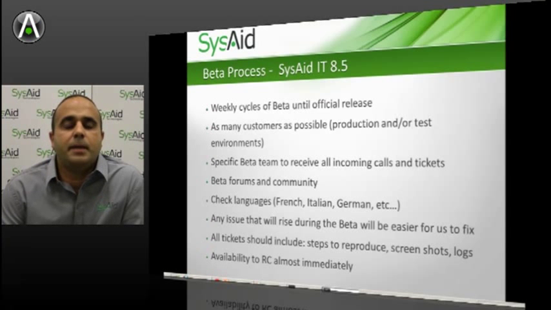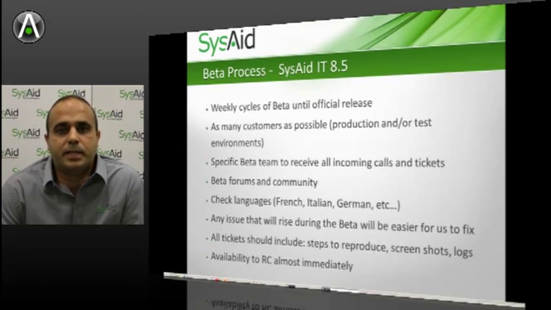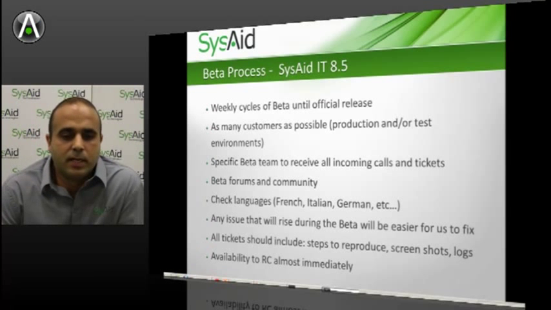For bugs coming after the official release, it's very hard for us to get minor releases and minor versions after the official one. So the beta is the best time to submit issues regarding any problem or bugs that you find. Let's hope you will find as few as possible.